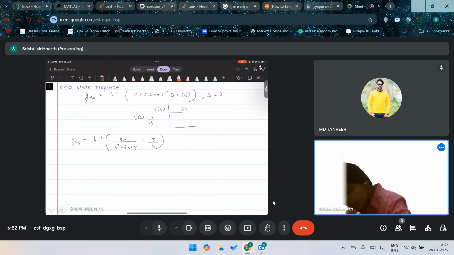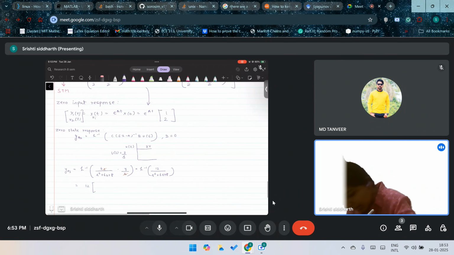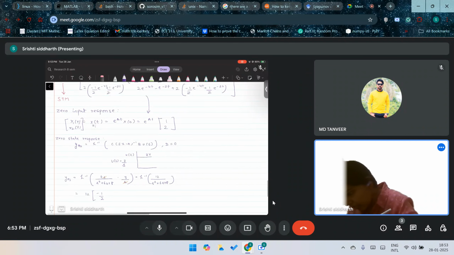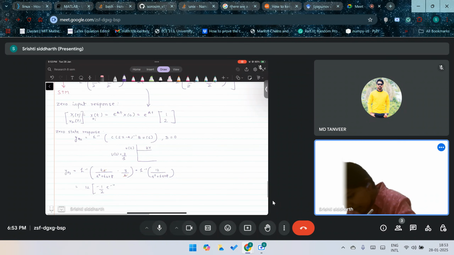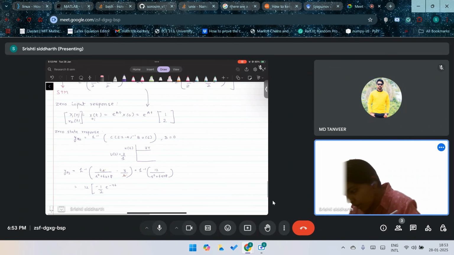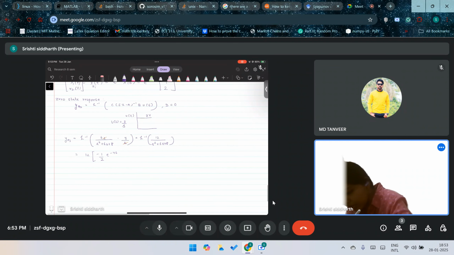So this cancels out and we have simply 12 times... we have already computed this expression also. So it's minus half e to the power minus 4t plus half e to the power minus 2t.